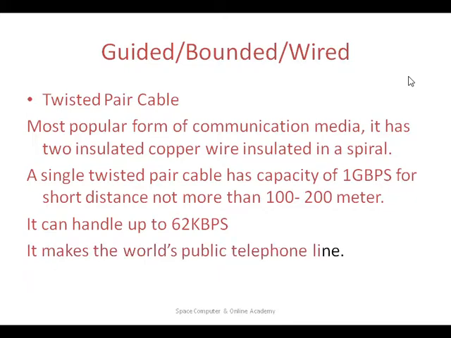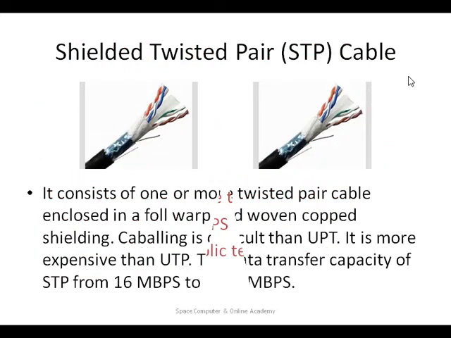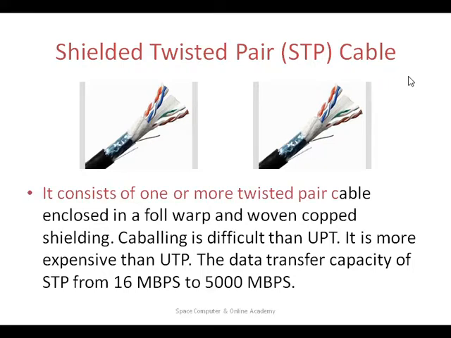Likewise, we will discuss the next topic. Shielded twisted pair, which is called STP, consists of one or more twisted pair cables enclosed in a foil or woven shielding.